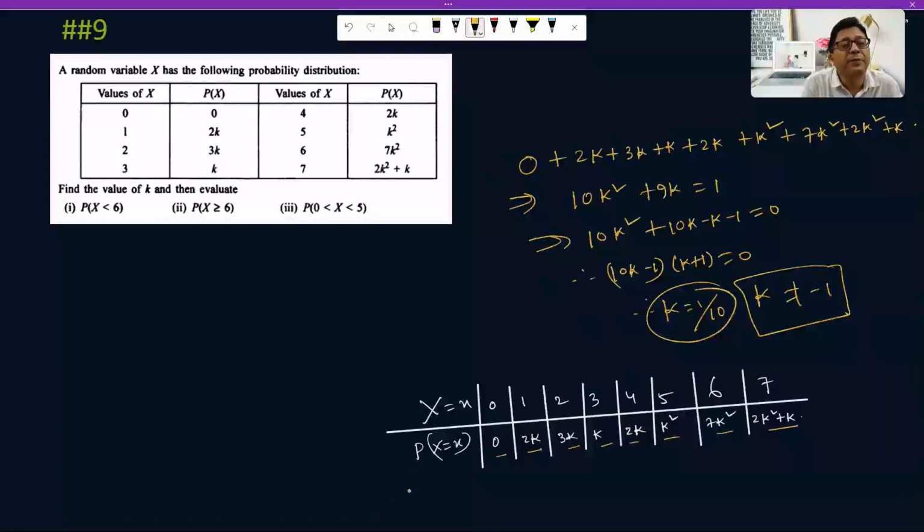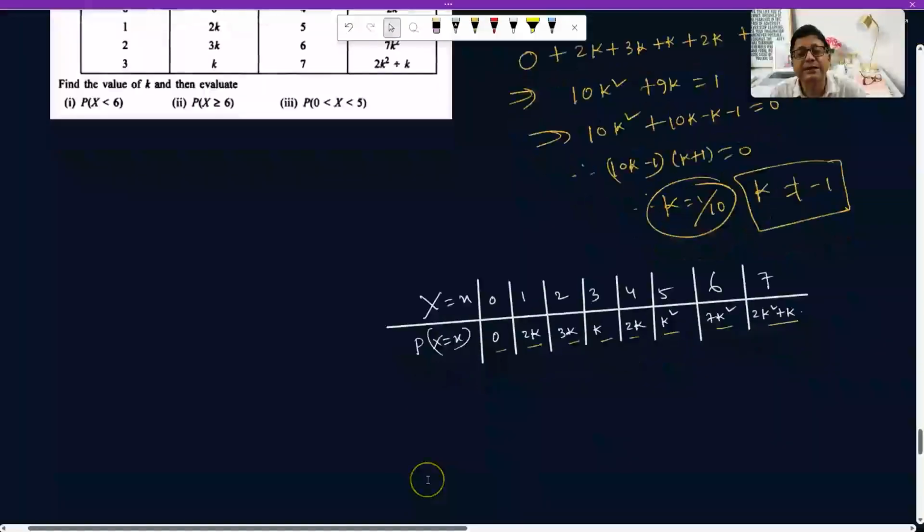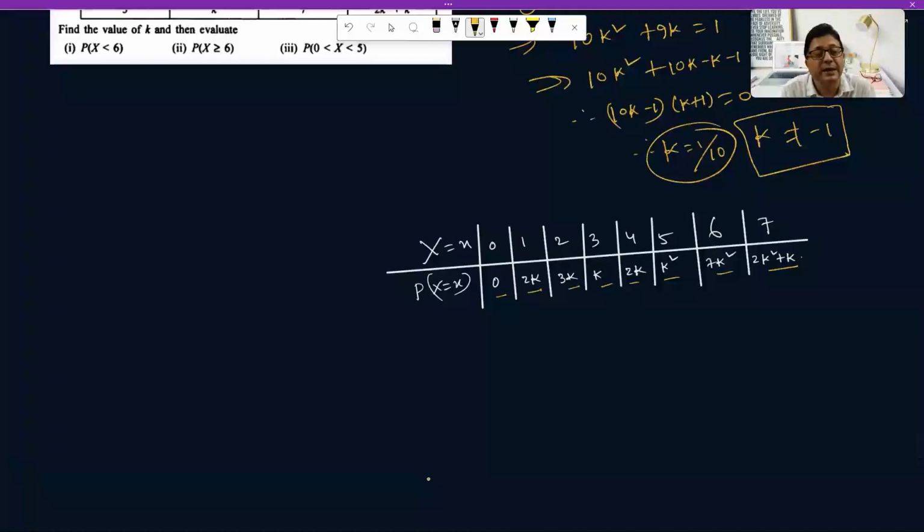Now when you are going to find P(X < 6), how do I account for this? P(X < 6) means the sum of these probabilities: P(X = 0), P(X = 1), and so on.